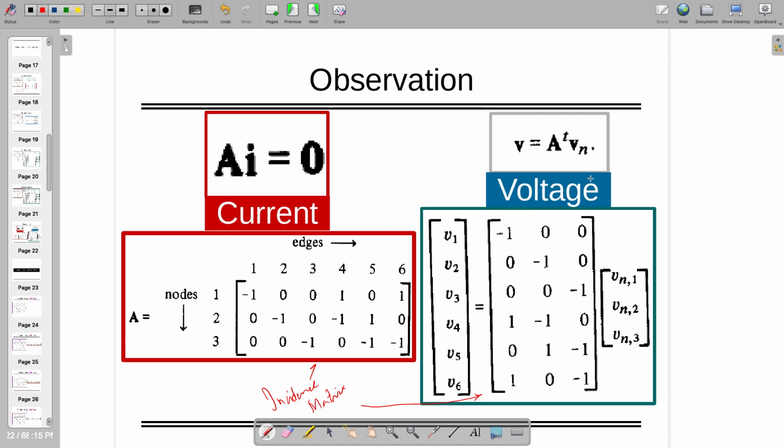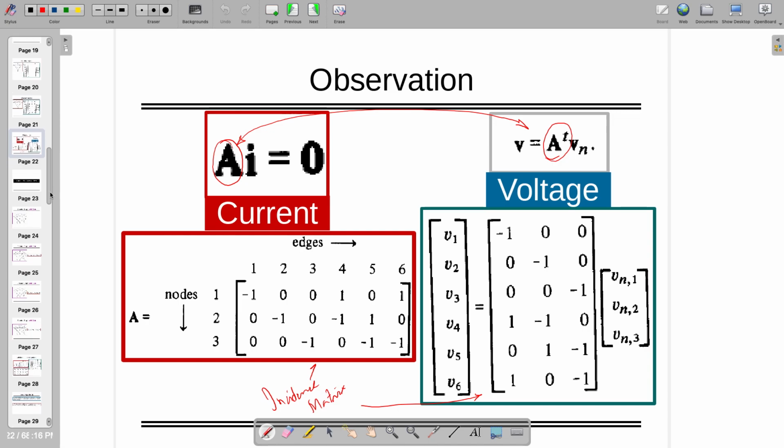When written in terms of current, it's AI is equal to 0, where A is an incidence matrix, and V is written in terms of A raised to T, A transpose times Vn. So these two A's are actually incidence matrices and they are interlinked, right? So that's how you can get the answer, or they have some relation. We already talked about this and we didn't find any difficulty.